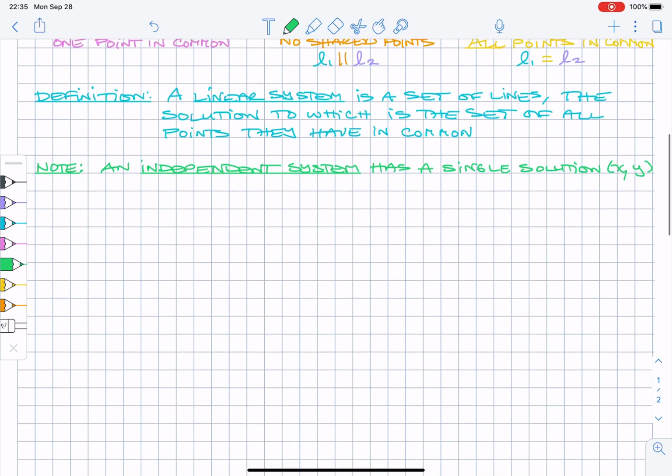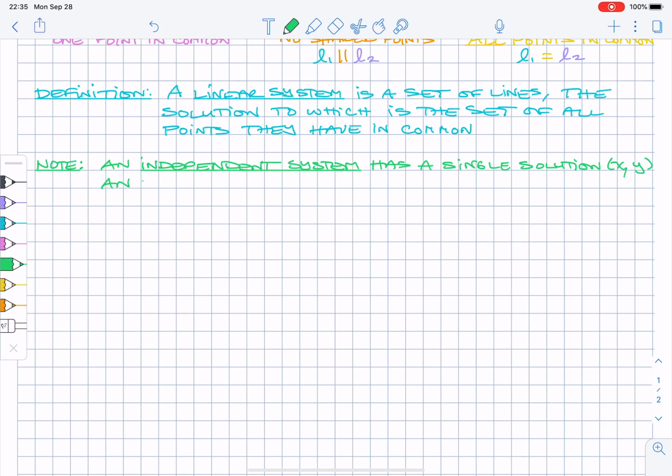Okay, an inconsistent system has no points in common. So that would be line 1 parallel to line 2.